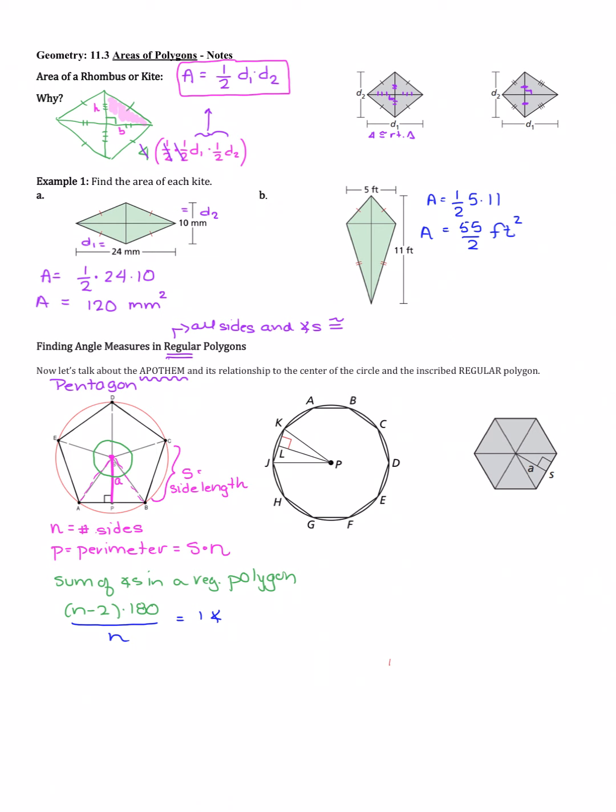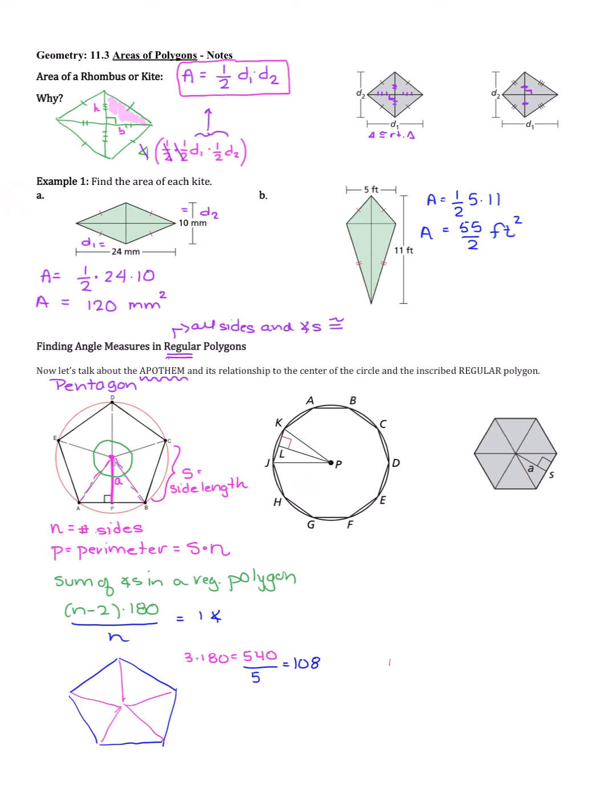All right, so I've got a pentagon, and I want to find all my different angle measures. So let's draw this out. I know that the sum of the angles will be 3 times 180, which equals 540. And if I then divide that by the number of angles, 5, each angle is 108.